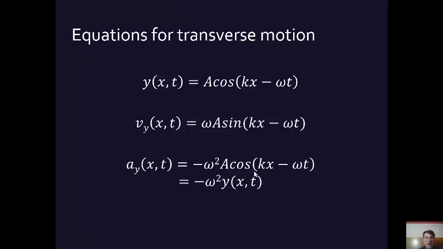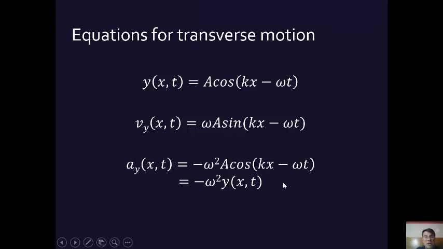Okay, by the way, you'll notice that this A cosine of kx minus omega t down here is exactly the same as this thing up here. So we can substitute y of x and t down here, and that's a simpler formula, right? The transverse acceleration is the negative omega squared, that is the angular frequency squared, times the position function.